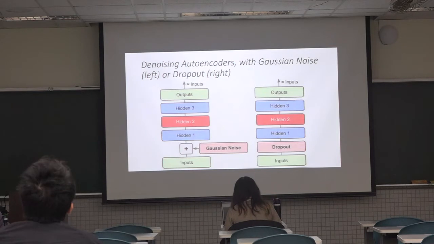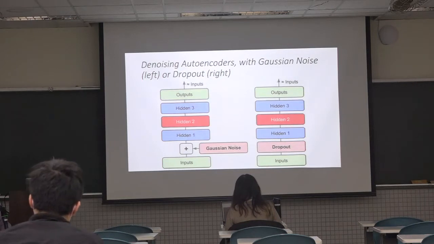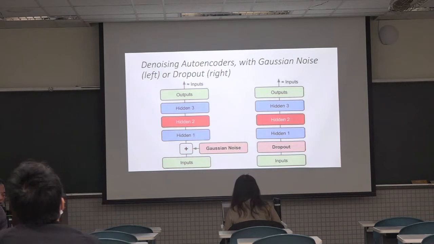So no matter this situation or this situation, we know exactly what the clean input is, and the noise, no matter whether it's Gaussian noise or dropout, is intentionally added during training. But after training, remember, for example, dropout only works during training, right?